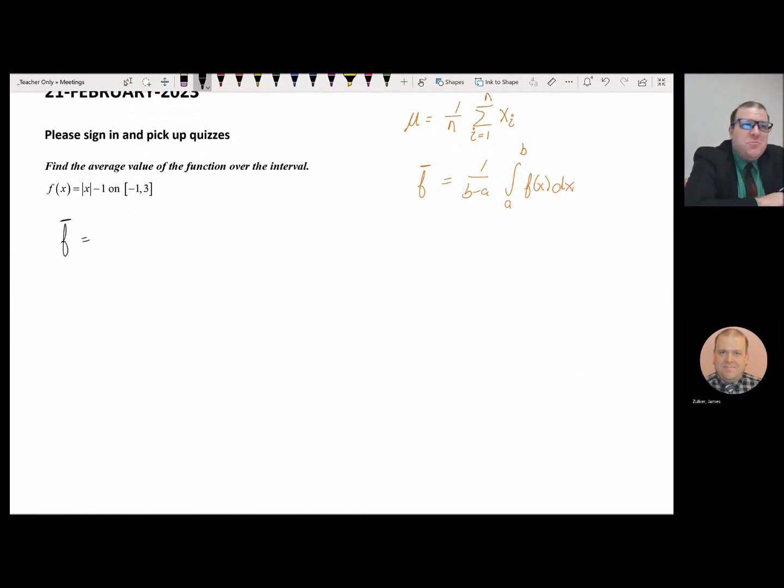The absolute value of x minus 1, average value, -1 to 3, we'd have 1 over 3 minus -1 times the integral from -1 to 3 of our function.